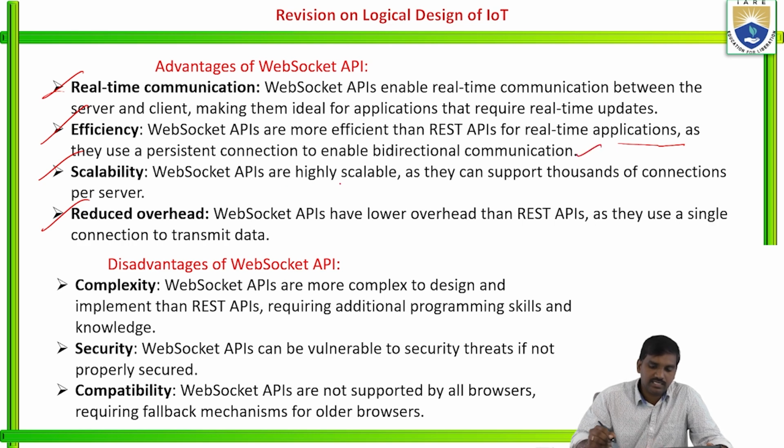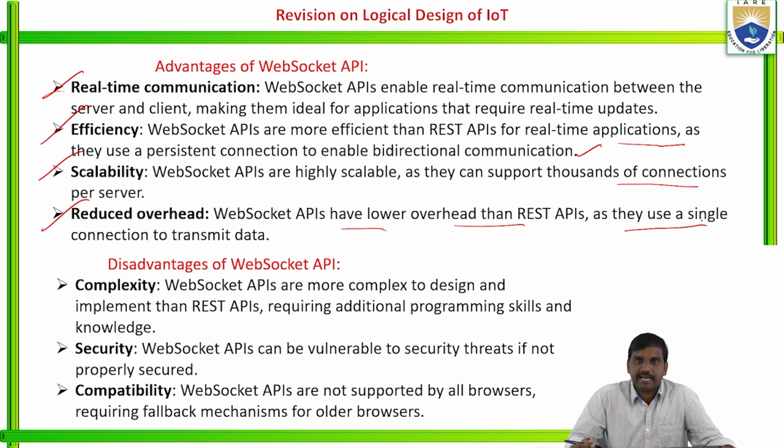WebSocket APIs are highly scalable, as they can support thousands of connections per user. And reduced overhead. WebSocket APIs can have lower overhead than REST APIs, as they use a single connection to transmit the data from the client to the server.